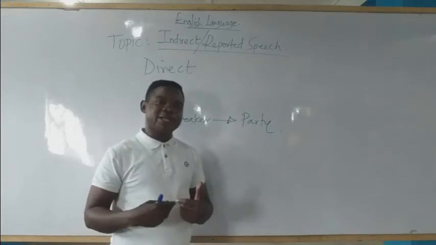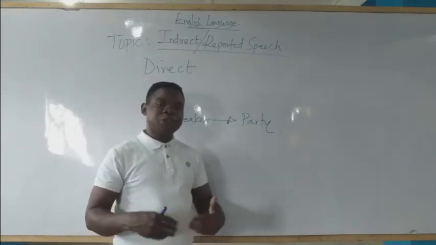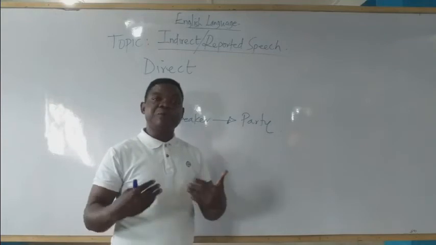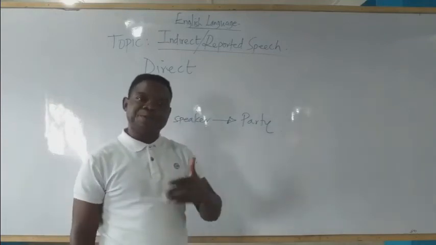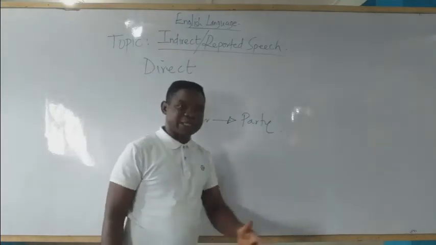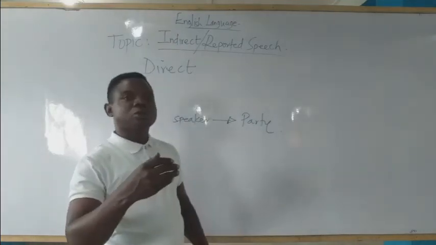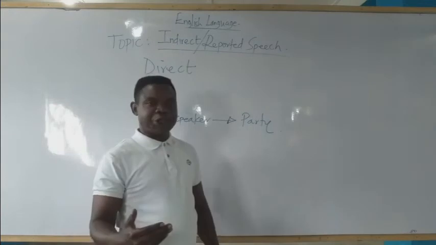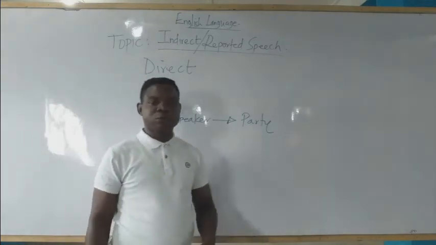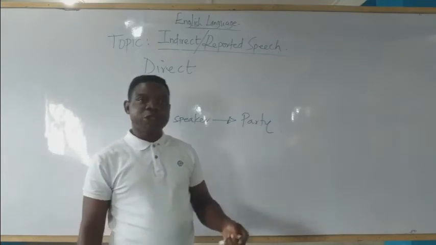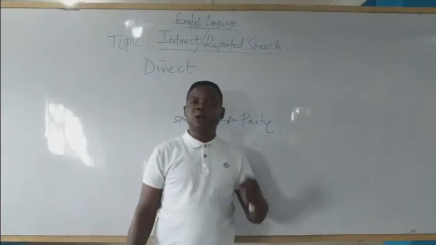That's why I said that indirect speech is the second-hand information or the speech of a speaker, which is expressed to the third party. Indirect speech is otherwise called reported speech.